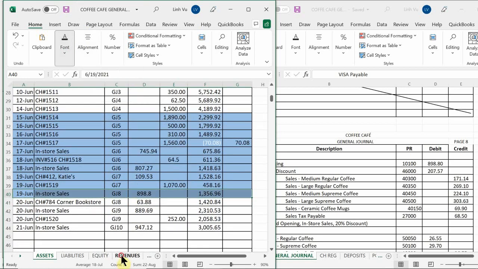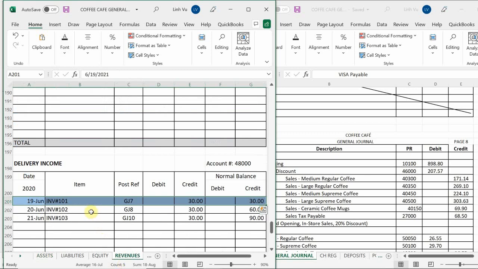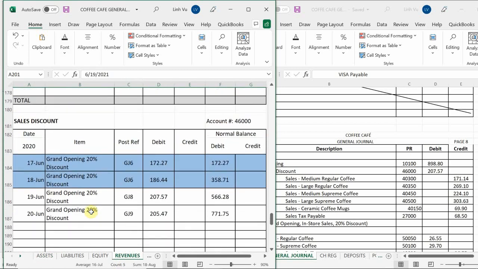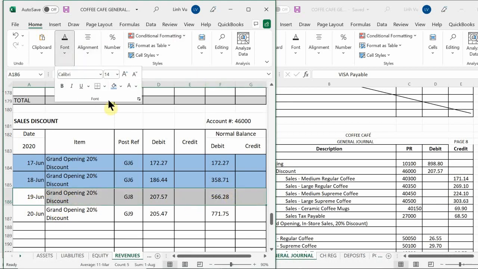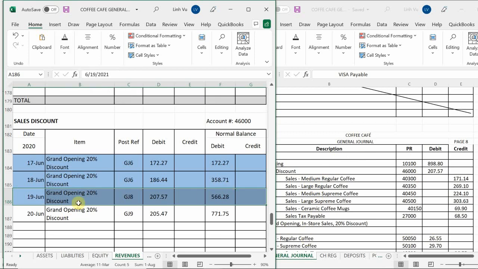Discount for the 566, or I'm sorry, for the 207. Okay. Then all of the sales.